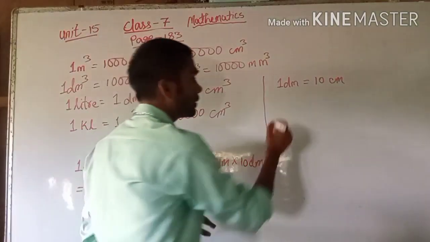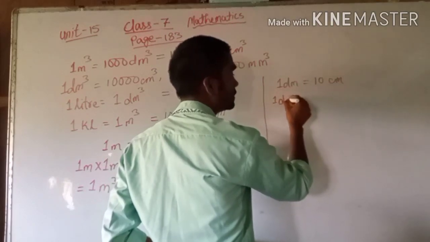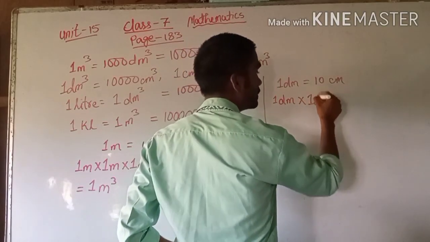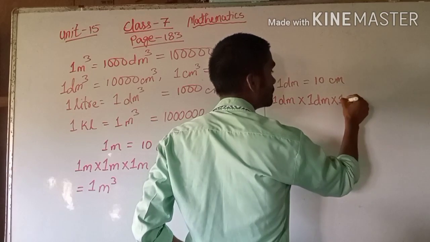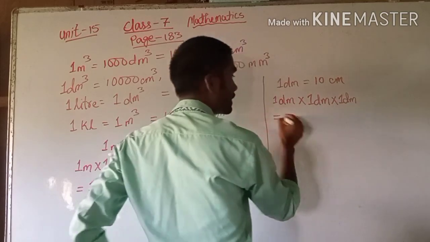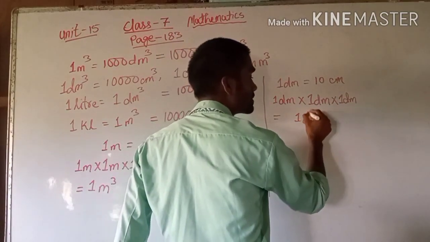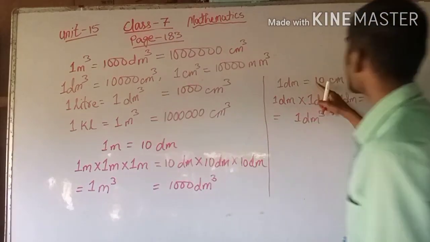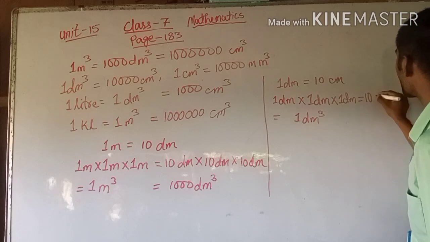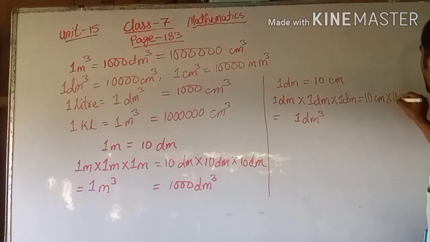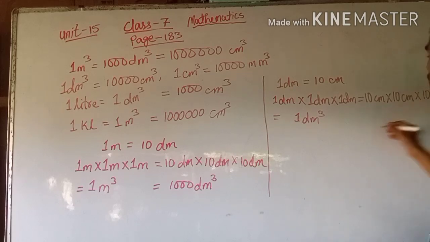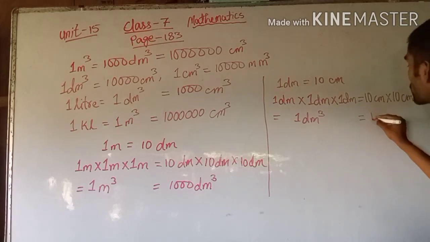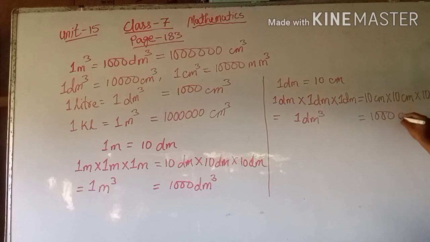In the same way, if we multiply 1 decimeter into 1 decimeter, again 1 decimeter, then we are going to get 1 decimeter cube. And on this side also, if we multiply 10 centimeter 3 times, that is 10 centimeter into 10 centimeter into 10 centimeter, then we are going to get 1000 centimeter cube.